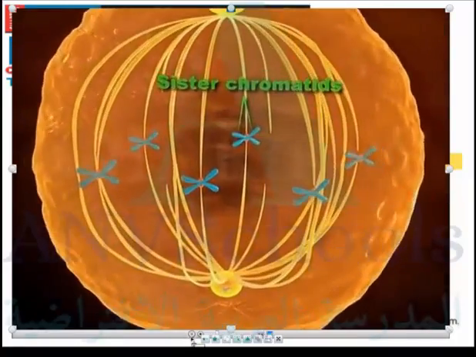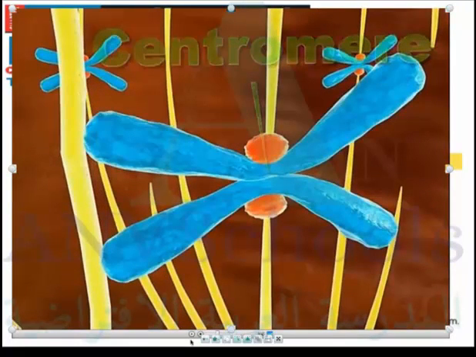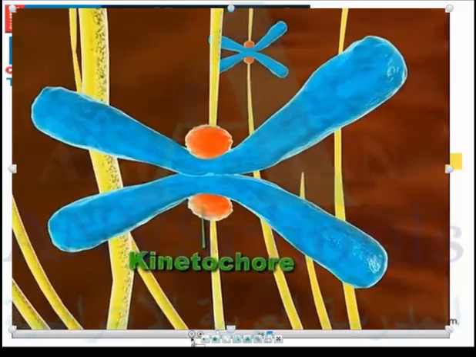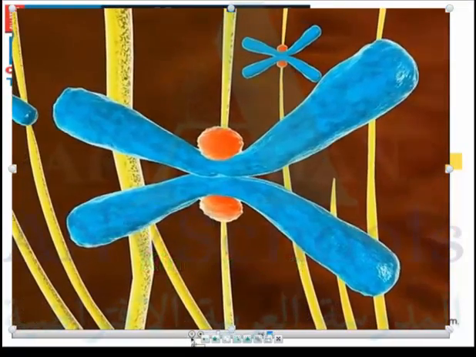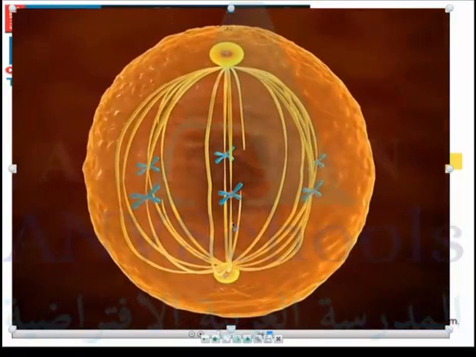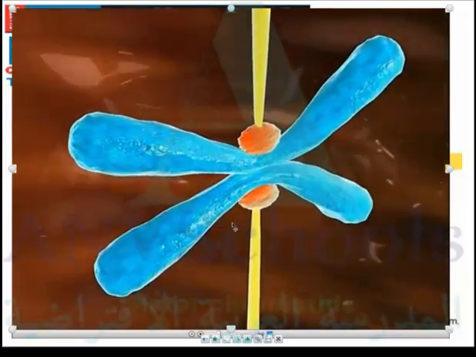Then sister chromatids, which are being held by the centromere, will split loose, and they will be pulled by the kinetochore. When they split loose, they have entered anaphase.